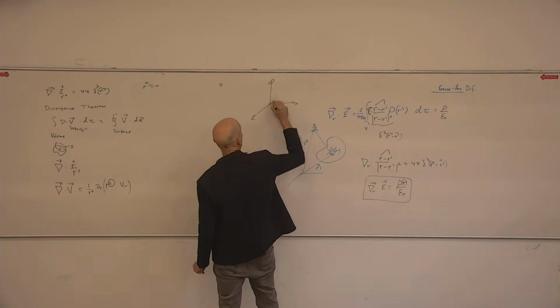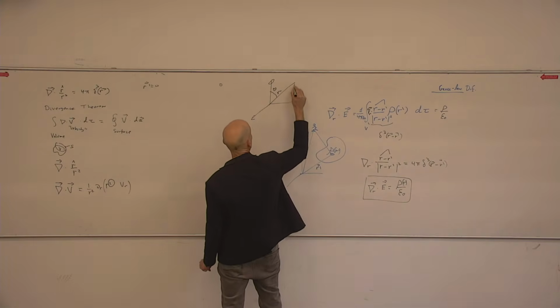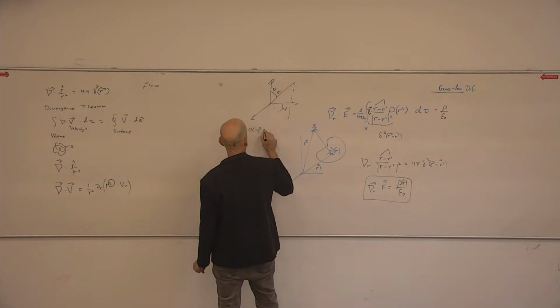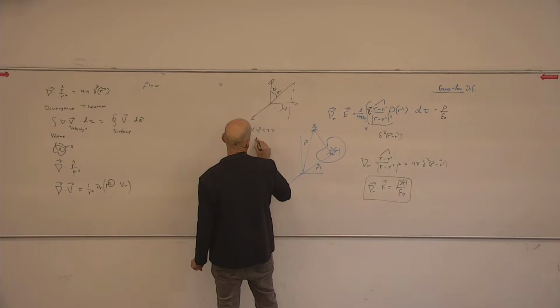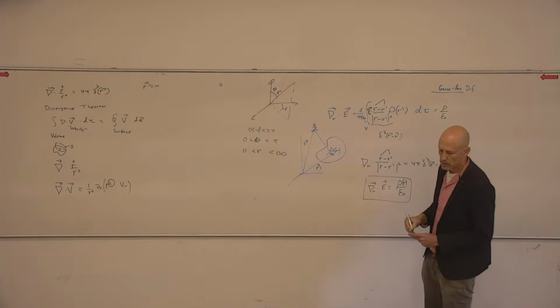R, theta, which goes, the cosine theta goes from up here to down here, and then you have the projection, the phi angle. Phi goes between 0 and 2 pi. Theta goes from 0 to pi, and r goes from 0 to infinity. This is the way we define the coordinates.